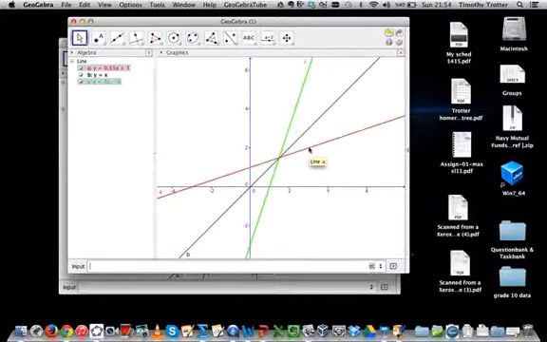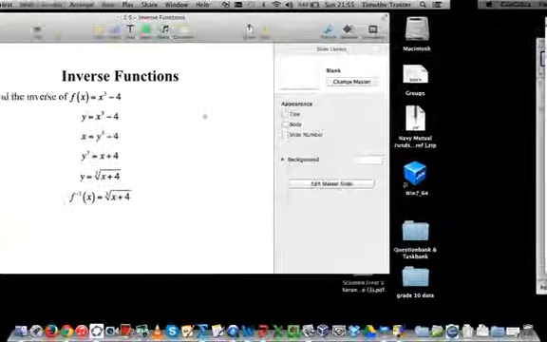The corresponding point, if I were to flip it over, would be 2, 3. Since the 2 and the 3 change places, the x and the y change places, and that's all the way down the line. If I go to 6, 3, and I flip it over, then I go to 3, 6, and that gives me my new point. And so when you switch the x and y like that, that means the domain and the range are flipped as well.